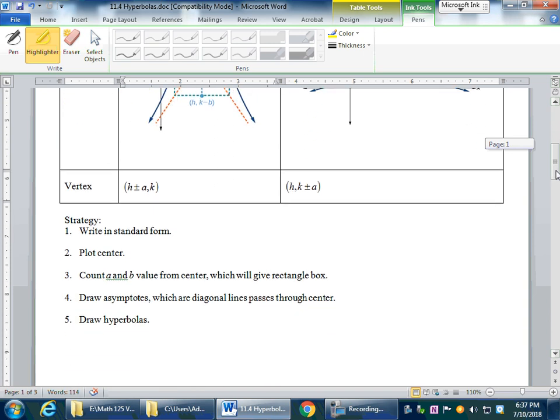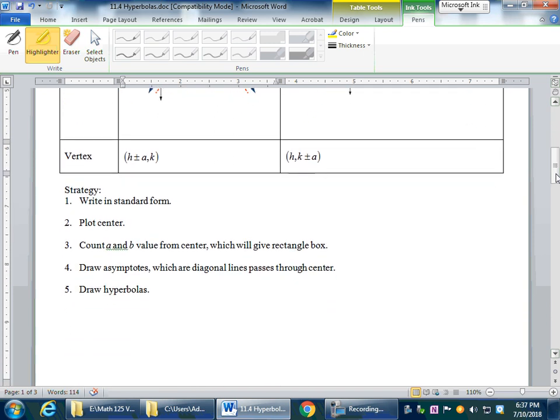When we are graphing, we want to use this strategy. First, you write it into standard form, so you will know your center. Once you know your center, you plot the center first, and then from the center you count the values of a and b to get a rectangular box.